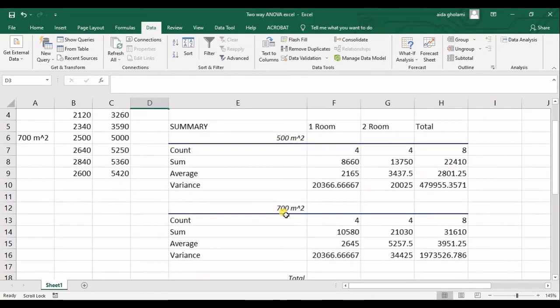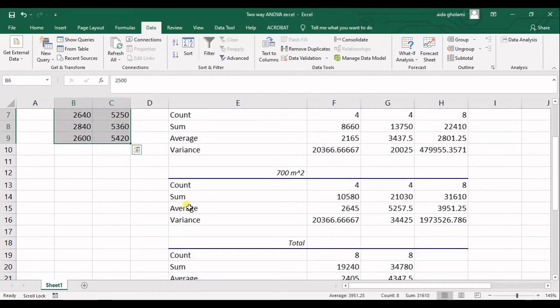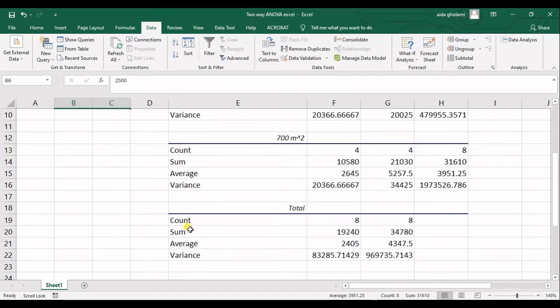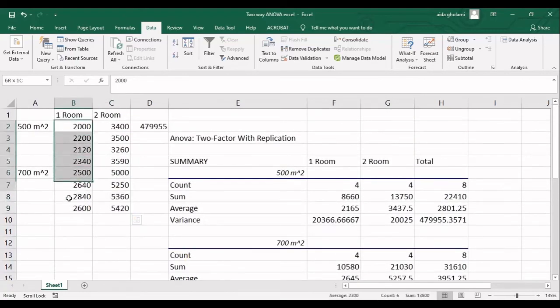Then we get to 700 meter, which is the exact same thing. You have another summary table for 700, and then you have the total range. Okay, so that's the sum, average, and variance for the whole ranges for 1 room and 2 room.